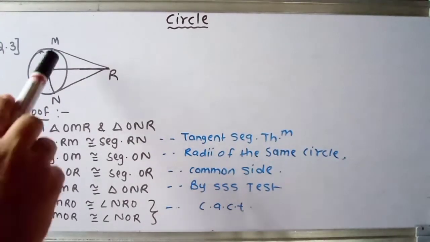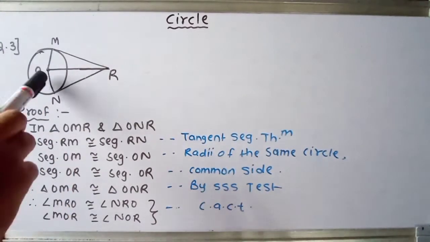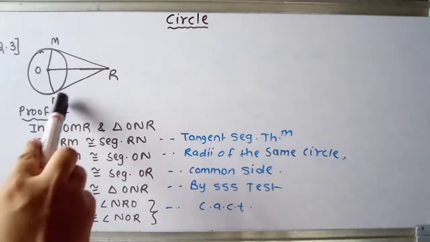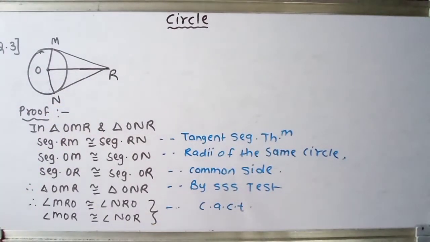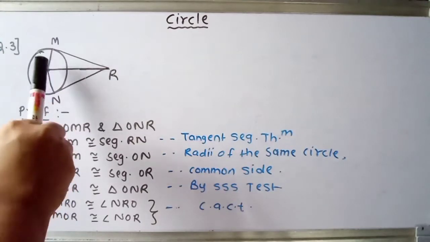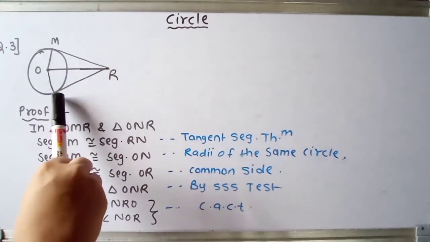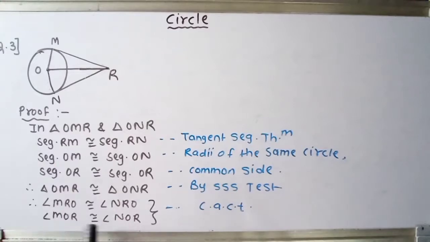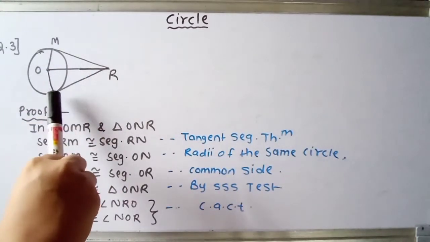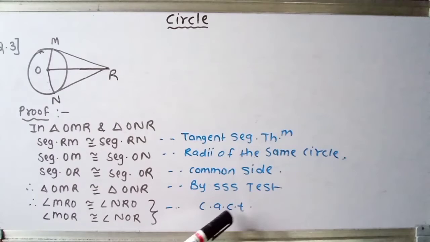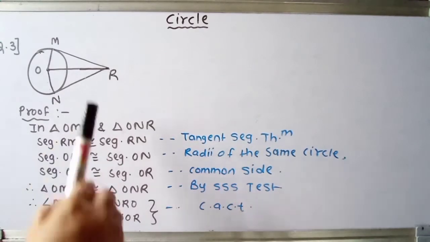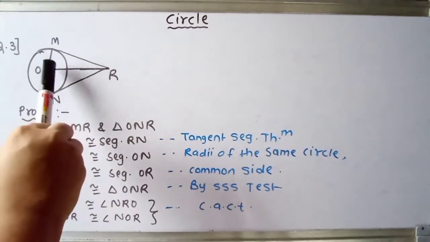So by the SSS test, triangle OMR is congruent to triangle ONR. Now by using CACT you can write angle MRO congruent to angle NRO. In the same way, angle MOR congruent to angle NOR. Reason is CACT.